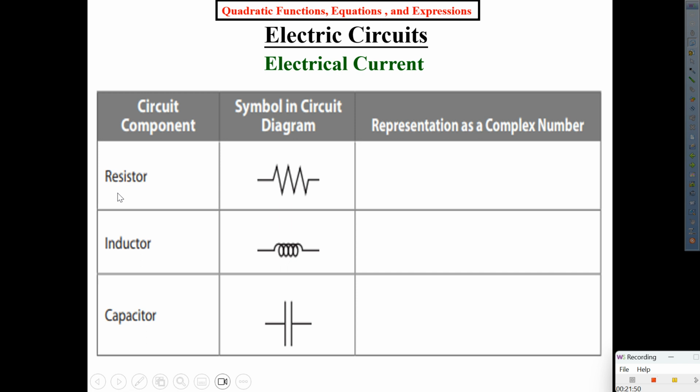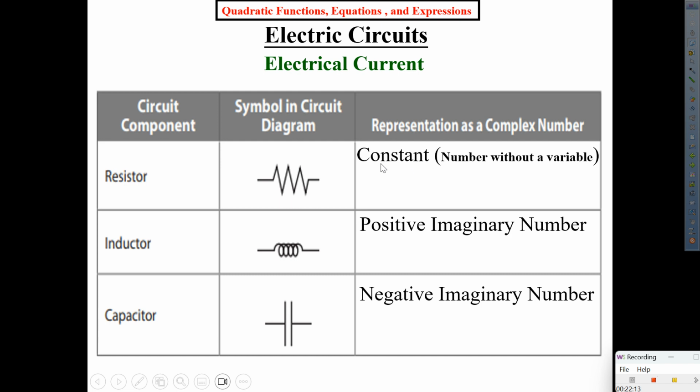So, in other words, whenever you see a resistor, the first thing that you're going to think of is just a constant. What does that mean? A number without a variable. So anytime you see on the circuit a resistor, you know that it's just a number. Whenever you see an inductor, it's going to be a positive imaginary number. Let me repeat that again. Inductor is what?